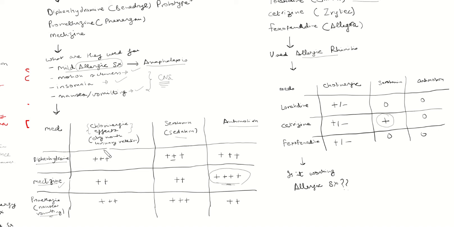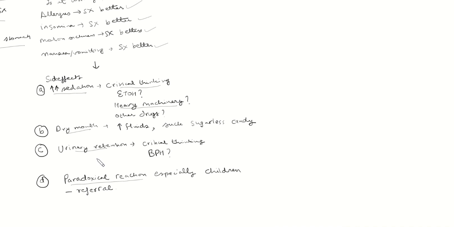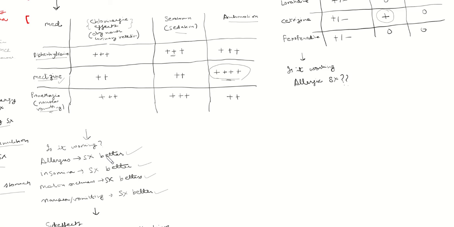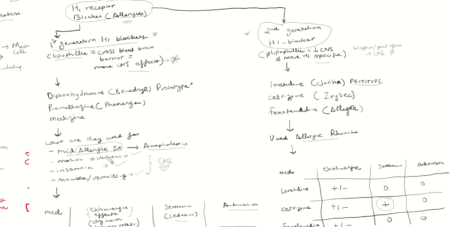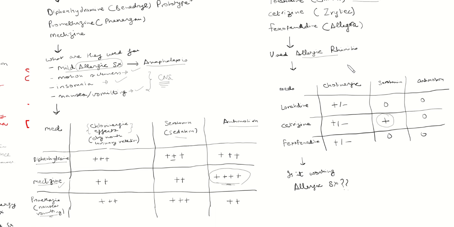Promethazine is for nausea, vomiting. Benadryl you can use for insomnia and general allergic symptoms. And then we talked about some of the side effects: sedation, dry mouth, urinary retention, and paradoxical reaction, and did some critical thinking. As far as the second generation is concerned, it's just allergic rhinitis, and we looked at loratadine, cetirizine, fexofenadine.